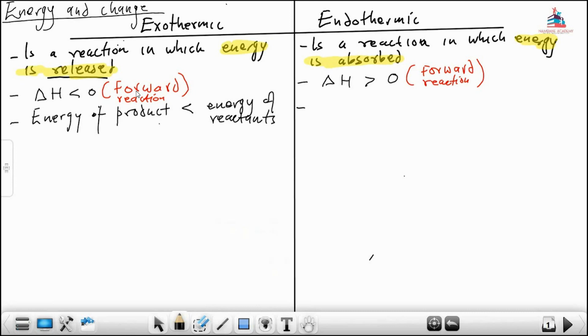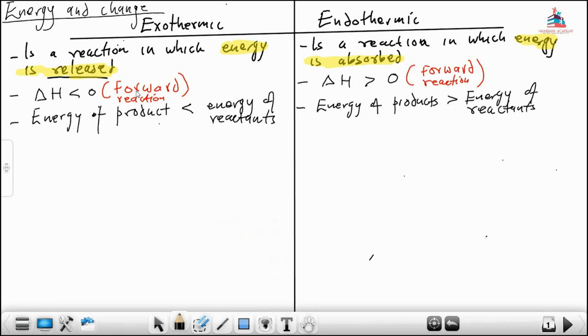We further move on. It says now the energy of products is greater than the energy of reactants. Easy to understand.